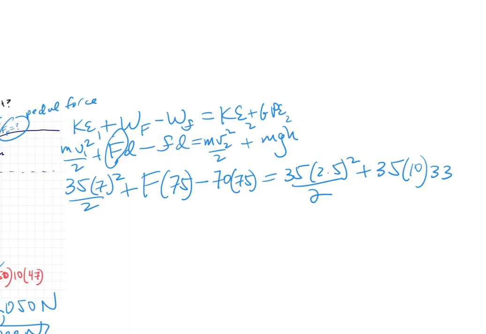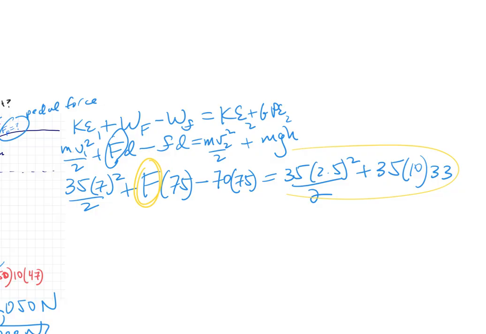Okay, so we're solving for F, so let's calculate all this first. 35 times 2.5 squared divided by 2 plus 350 times 33 equals.